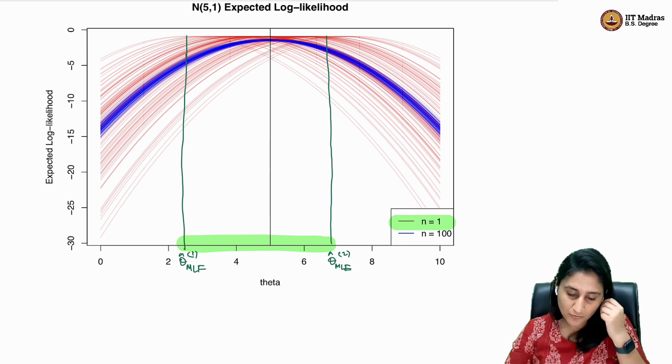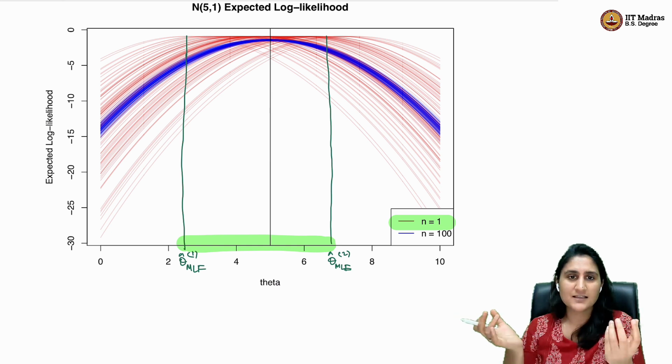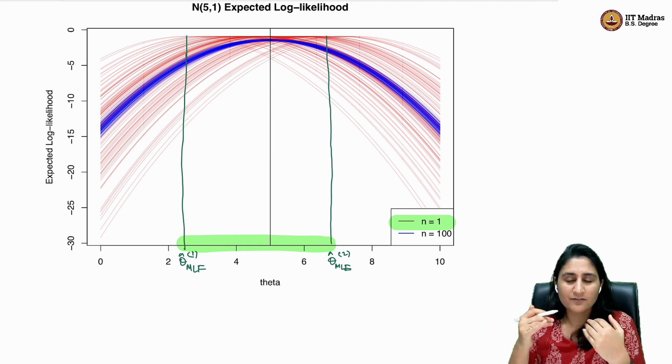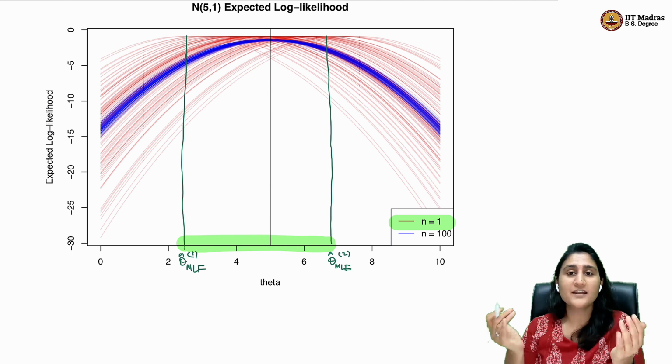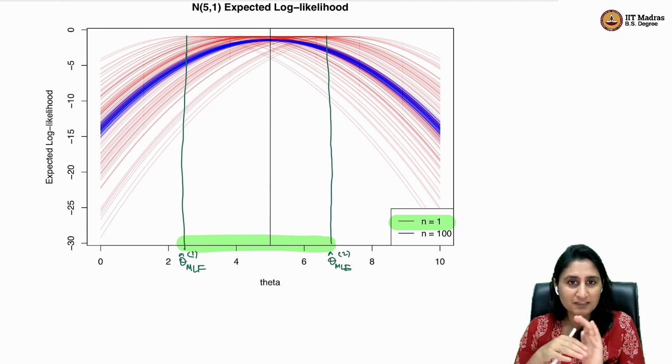Now let's look at what happens when I have data sets of larger size. So now I'm looking at data sets of size n equals 100, which is the blue curve. These have information coming from 100 data points, which means they have a lot more understanding of what kind of values are more likely for theta.